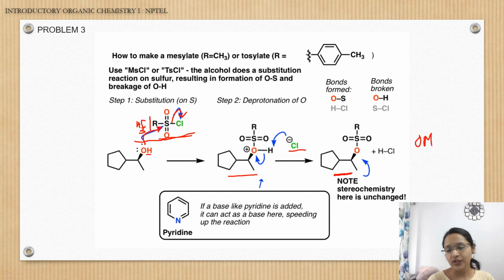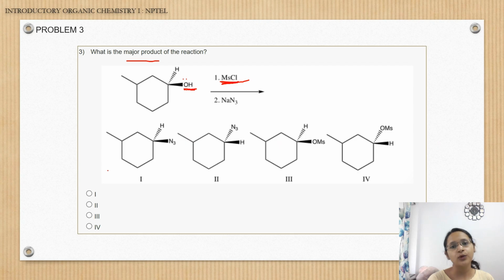So what this protection denotes is OMS. Here first of all you have OH, then this OH is going to OMS. Because the initial reagent was MsCl, Cl is knocked out, so you are left with only the methane sulfonyl group, right? So this OH is going to OMS, that means it is getting protected. So the first step is the protection of this alcohol.